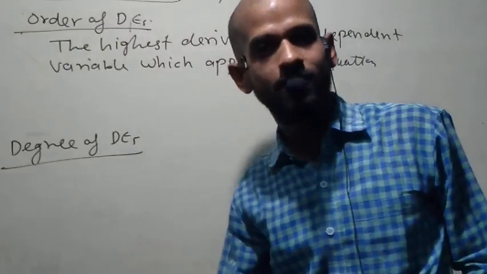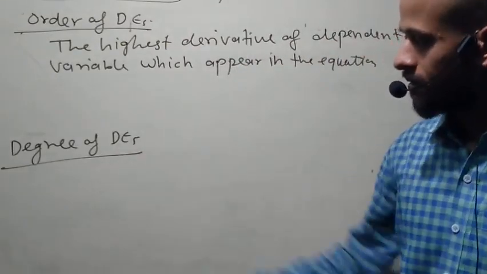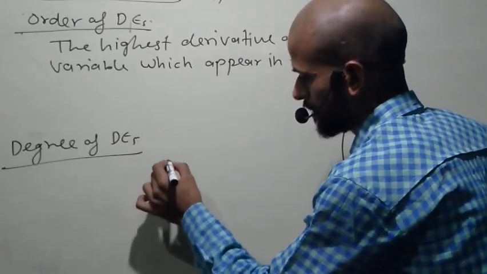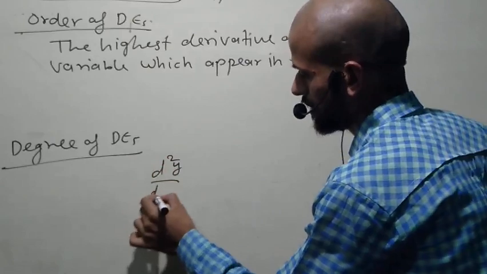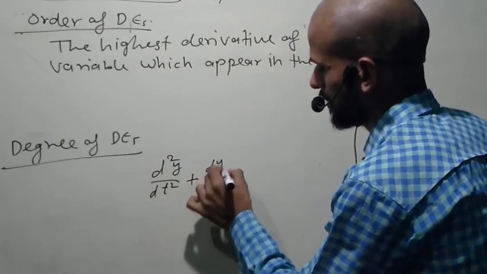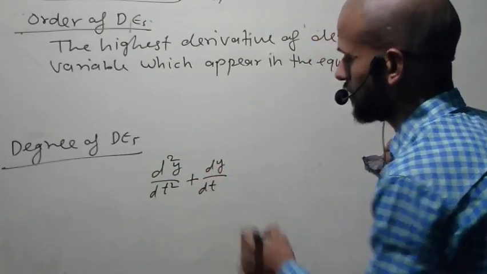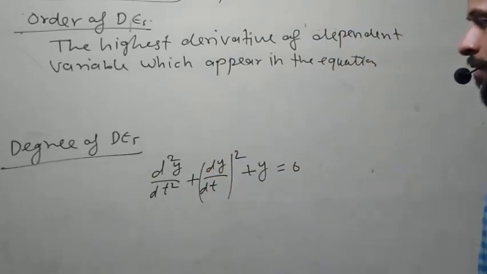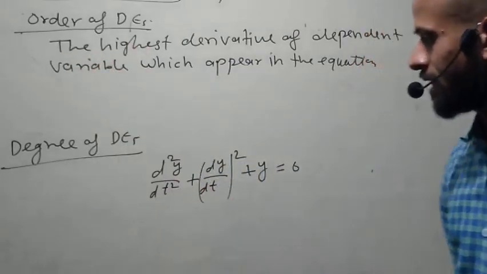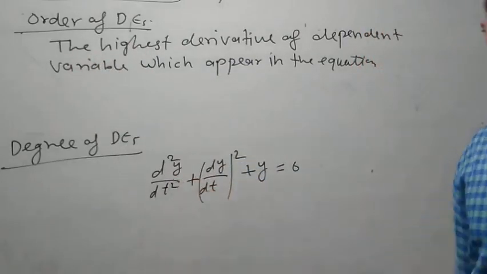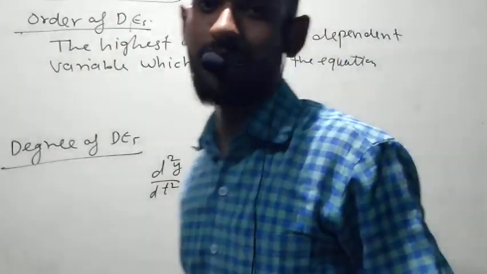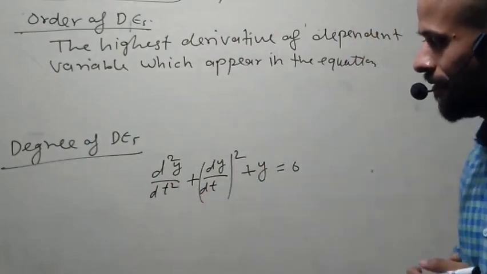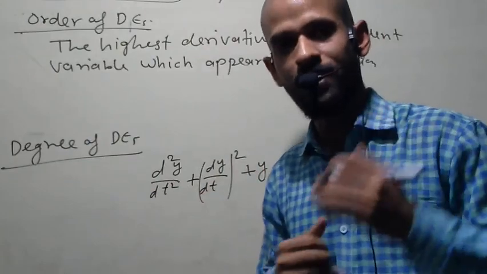Now, what about the degree of a differential equation? So we understand by example. Suppose this is d2y by dt square plus (dy by dt) square plus y is equal to 0. The order of this differential equation is clearly 2 because the highest derivative of y is of second order. Now about degree: degree means the degree of the highest derivative.